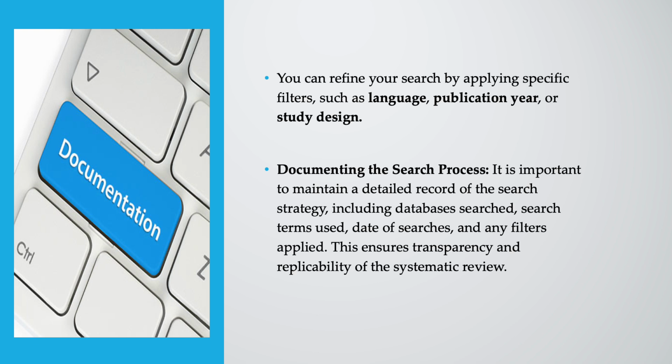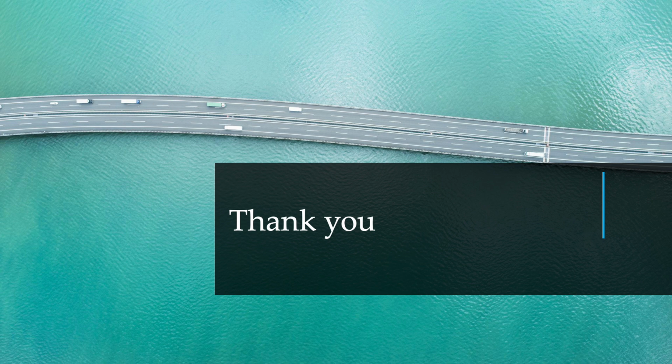I will show you in a practical session. Language filter, publication years, study design, and document the searching process as I mentioned before. And that's all. Thank you for your time, and if you have any questions, you can contact me. Thank you.